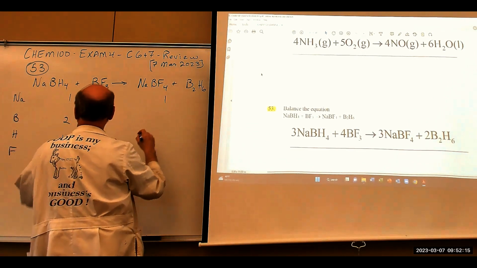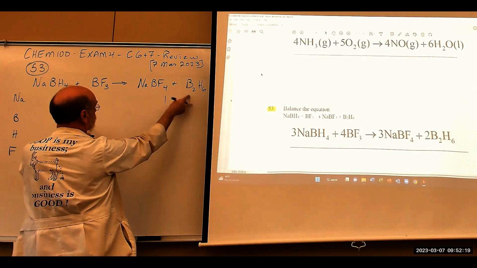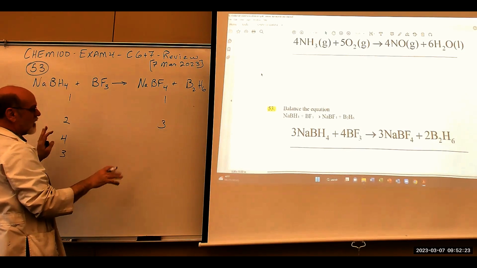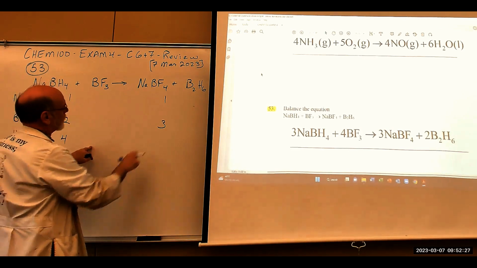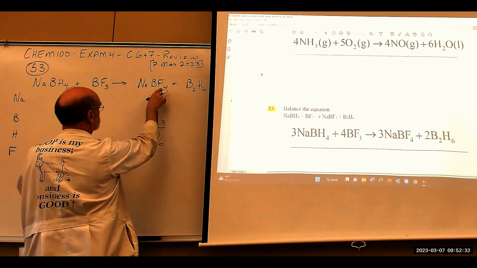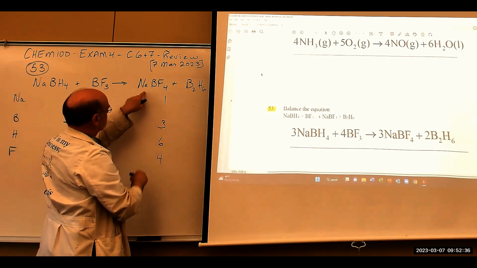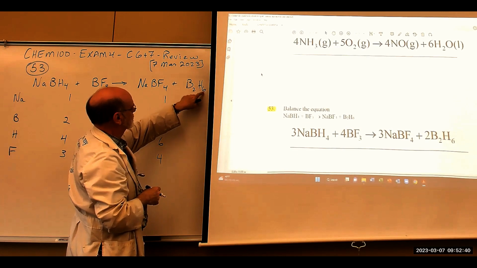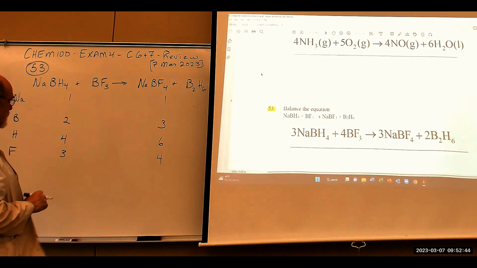Okay, 1 sodium on this side, 3 borons in 2 different places, and 2 places here also. That could complicate things, but we'll cross that bridge when we come to it. 6 hydrogens and 4 fluorines. So this is 10, 14. Okay, so our initial tally is correct.